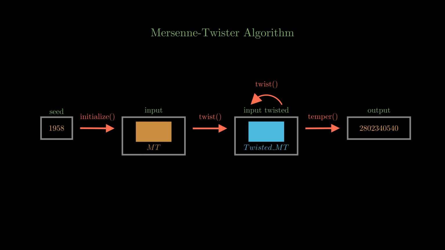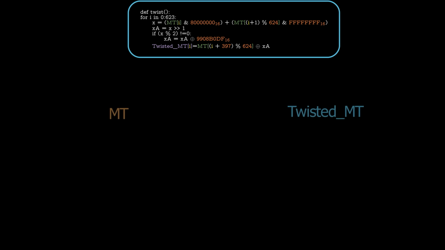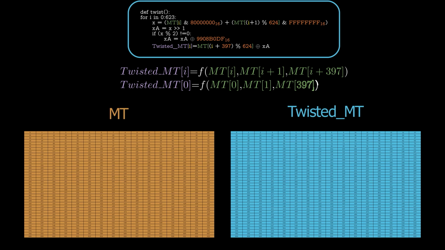Let's study this interdependency in slightly more detail. Notice from the definition of the twist function above that each number in the blue twisted empty grid is cooked up using 3 different numbers in the yellow empty grid. Take I equal to 0 as an example.